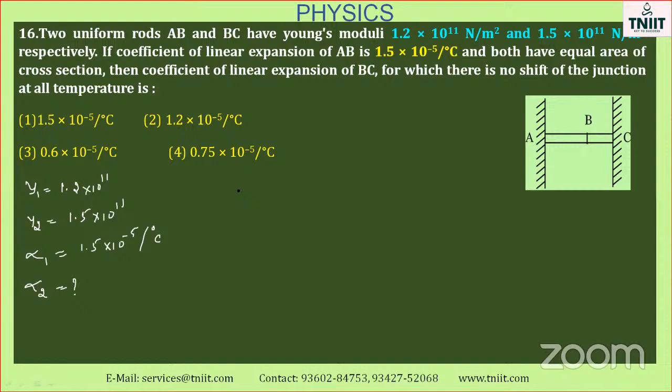You know that Young's modulus and alpha are related inversely proportional. So alpha 2 by alpha 1 will be Y1 by Y2. What is alpha 2? It is Y1 by Y2 into alpha 1.